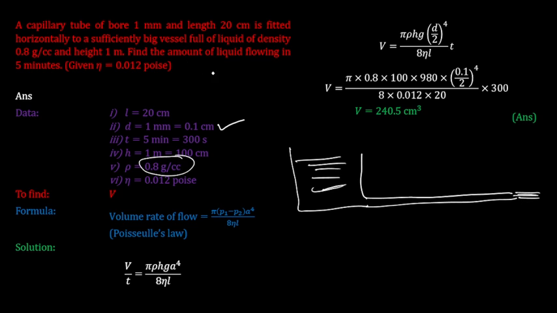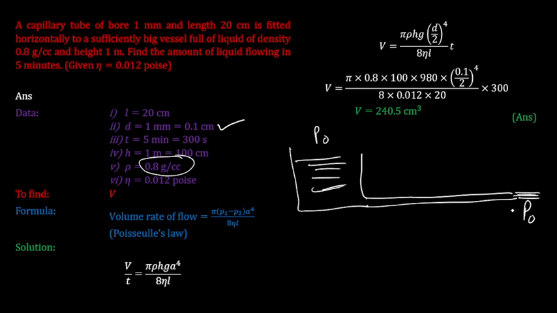and we have to find the amount of liquid that flows out in 5 minutes. So the pressure present at the open end is atmospheric pressure, and here the pressure is atmospheric pressure plus the weight of this liquid.